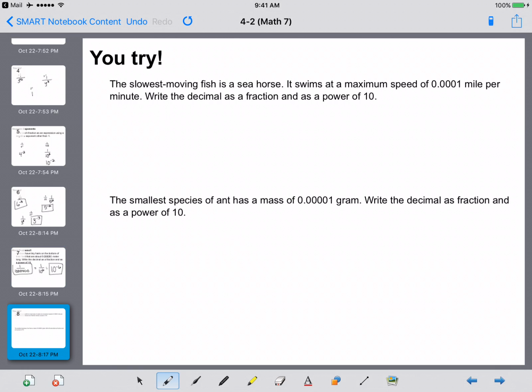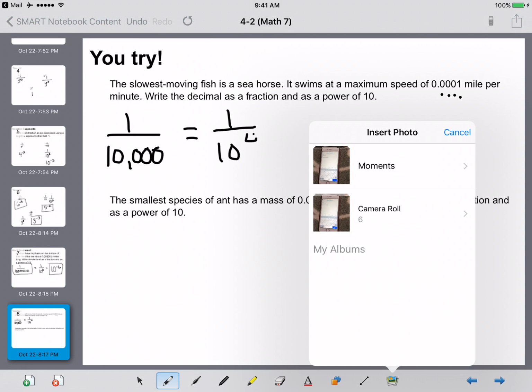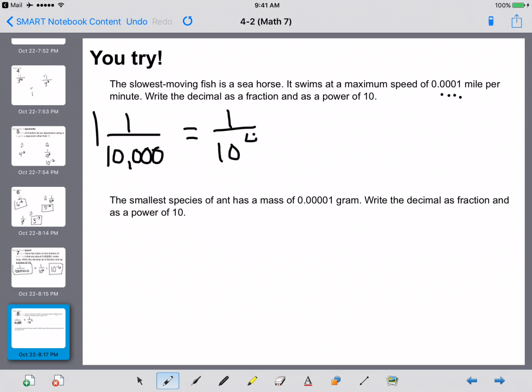So the slowest moving fish is a seahorse. It swims at a maximum speed of 0.0001 miles per minute. Write the decimal as a fraction and as a power of 10. So first things first, tens, hundreds, thousands, 10,000s. So it's 1 over 10,000, which is the same thing then as 1 over 10 to the 4th, which we solved here. 1 over 10 to the 4th.